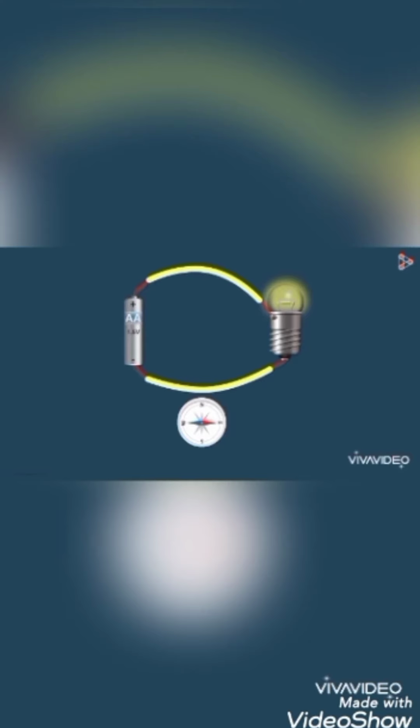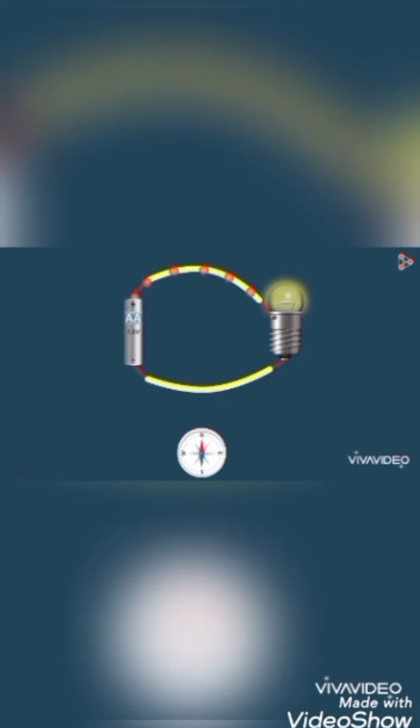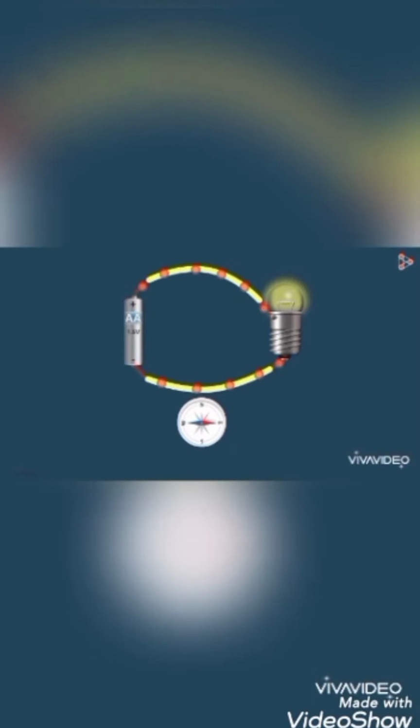If you keep a compass needle near the current carrying conductor, what happens? You can see in the picture. Yes, the compass needle deflects. When current passes through this wire and we place the compass near that wire, the needle deflects.